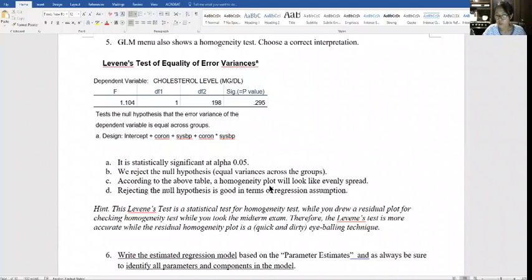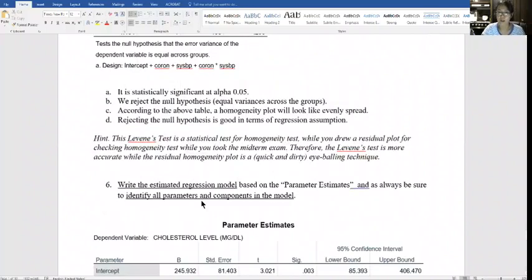According to the above table, homogeneity will look like evenly spread, and evenly spread means equal variance is satisfied. In other analyses, rejecting the null hypothesis is a good one, but not here. Failing to reject the null hypothesis is actually more preferred here, okay?